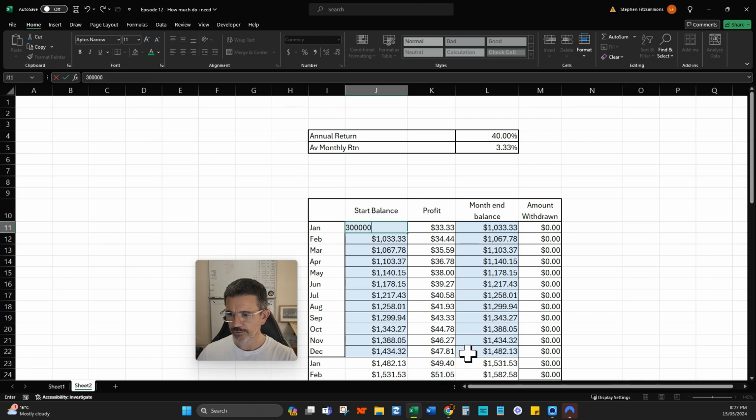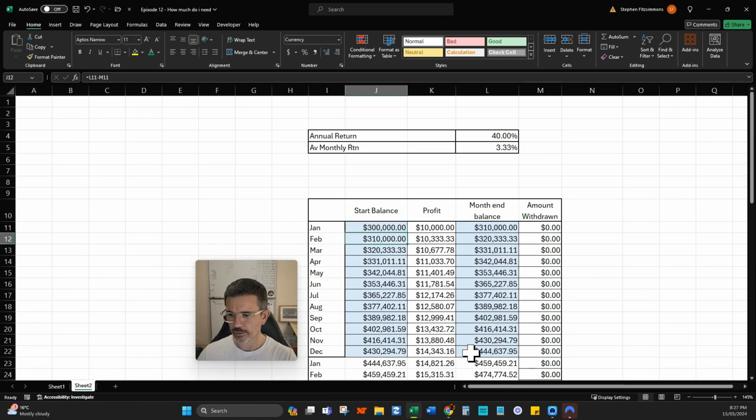At the end of year one, that's jumped up to 444,000. So, for the purpose of the illustration, he's taken 10,000 out each month. So what does that add up to? There's 12 months, so that's $120,000.